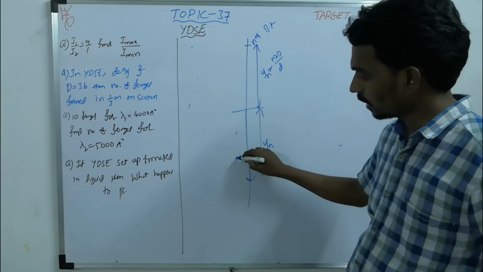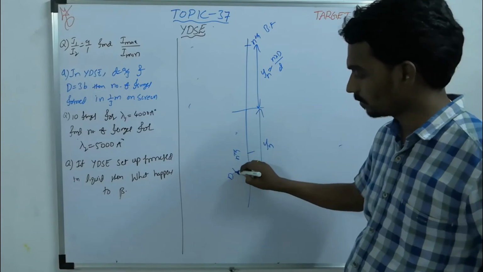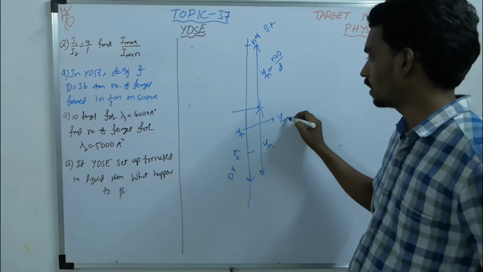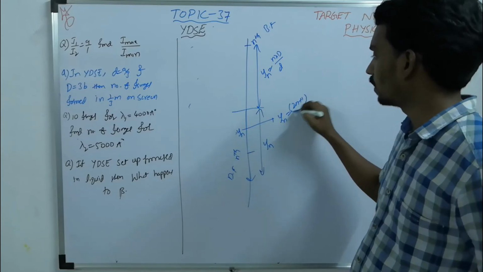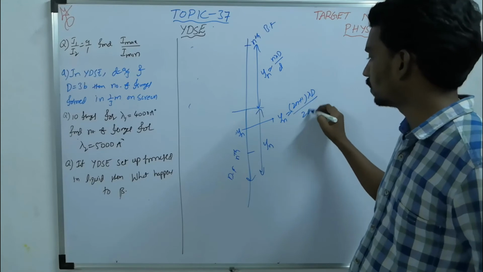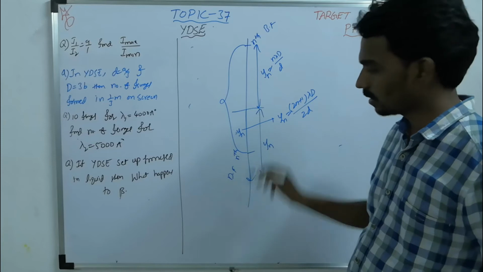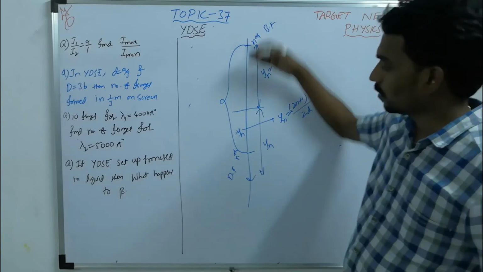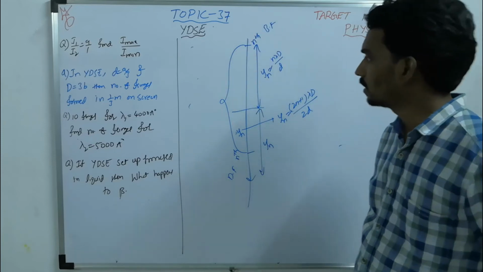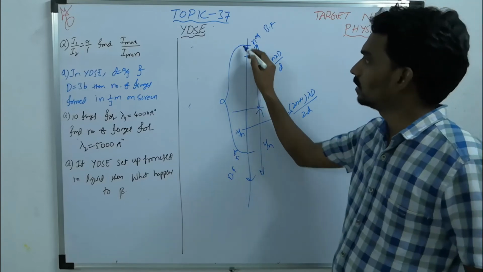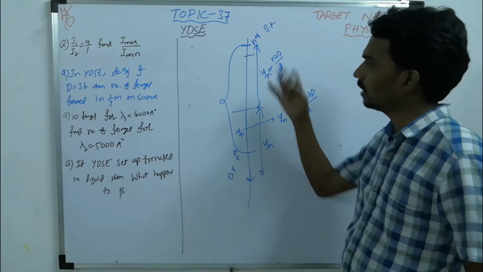Now here somewhere the nth dark fringe is forming, and this y n is (2n plus 1) lambda D by 2d. They can ask you the distance between the nth bright fringe above and below, or the distance between the third bright fringe and the fourth dark fringe. Anything they can ask you.